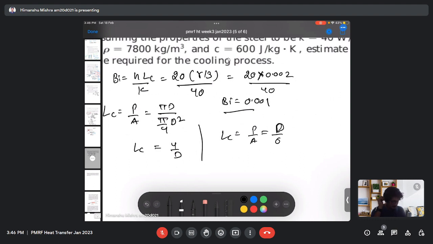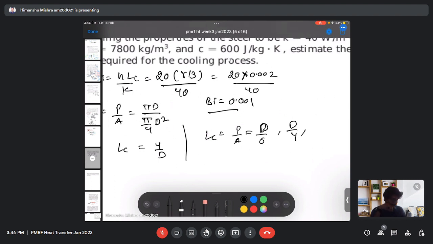For the cylinder, I think it is d by 4. And for the slab or any rectangular geometry, it will be just the length dimension of the plane slab. Okay, sir. Thank you.